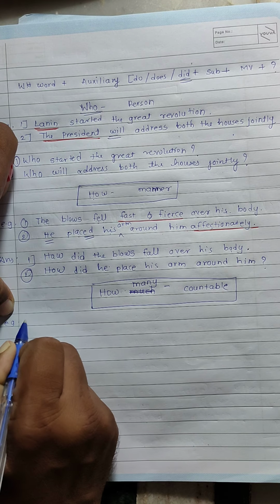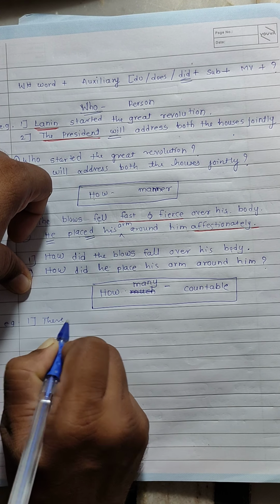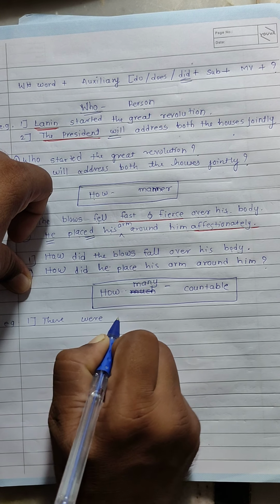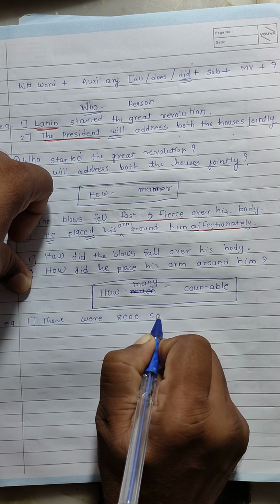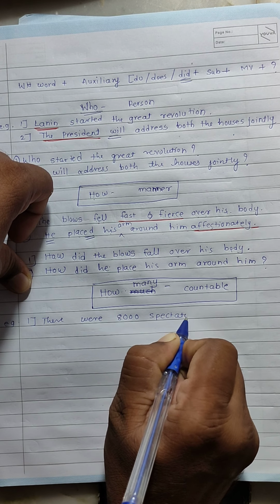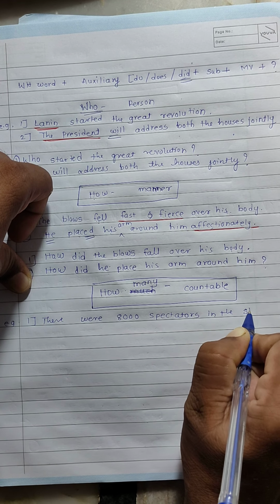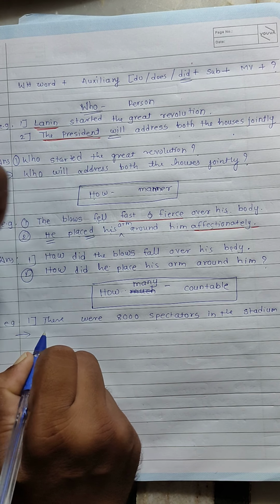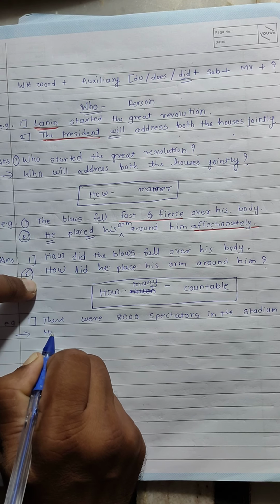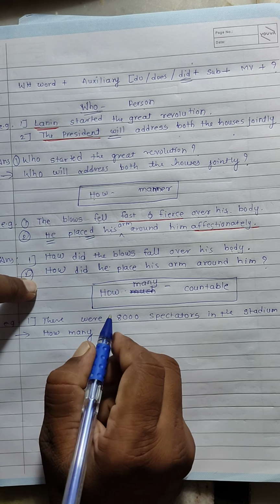Example first: there were 8,000 spectators in the stadium. Answer here. How many? Write down first, how many.